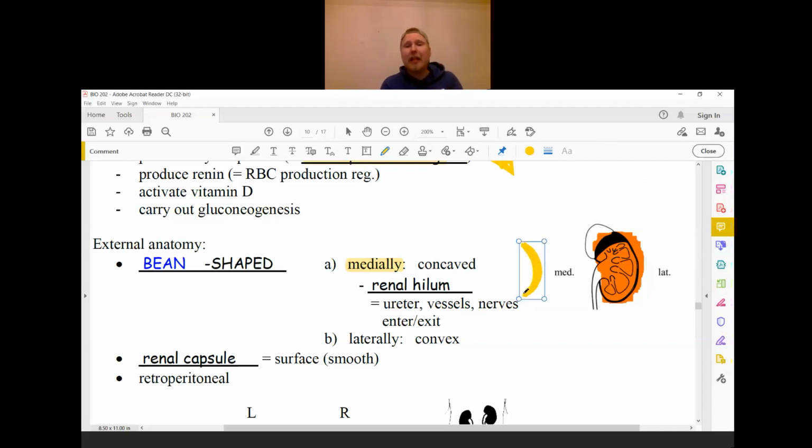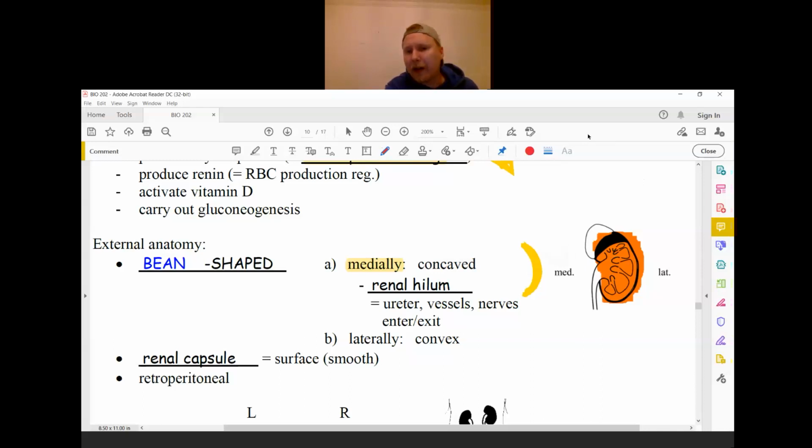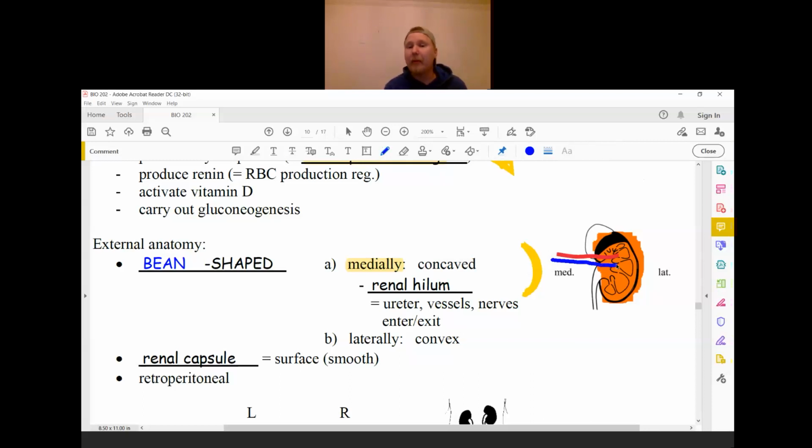And we see various different vessels coming into this side, the renal hilum side. We have our blood vessels, both arteries and veins, arteries in and veins out, and that tells us that we have a very rich blood supply to the kidney, which tells us that, of course, the blood is coming there to get filtered and then leaves.